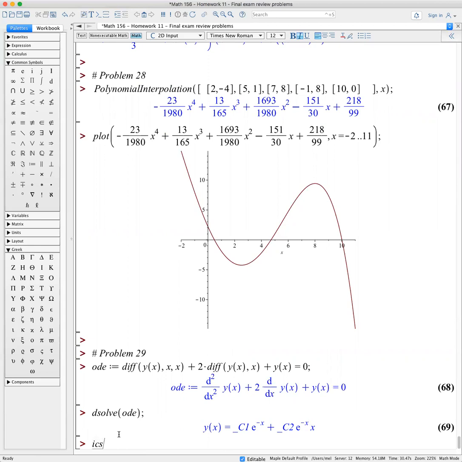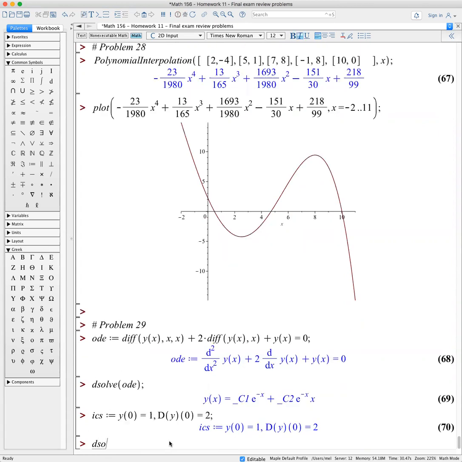If we add some initial conditions, y of 0 equals 1, and the derivative of y at 0 equals 2.